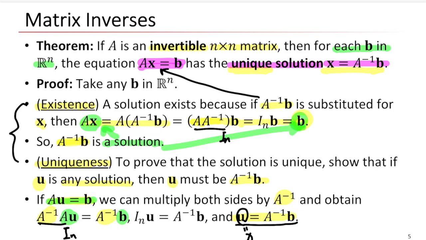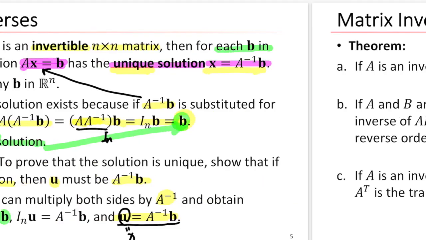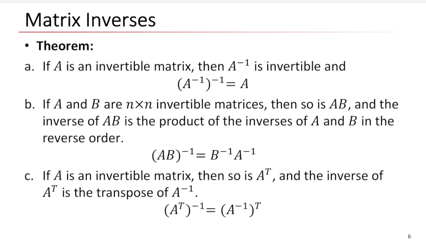From this proof, we can conclude that if matrix A is invertible, then for each vector B, the equation Ax equals B has a unique solution, x equals A inverse times B. This is the theorem.